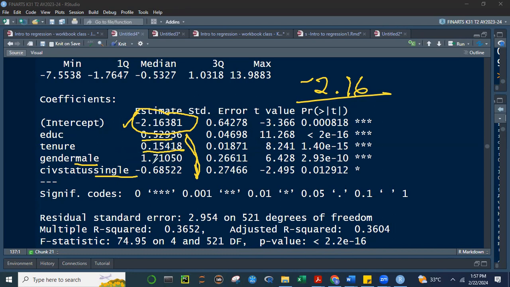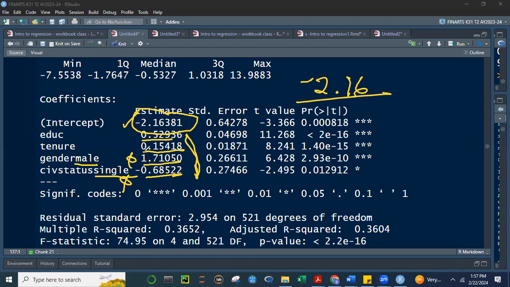We should zero this out, because 1.71 is for male, in reference to the female. So the effect of gender should be zero, and also the effect of civil status should be zero.